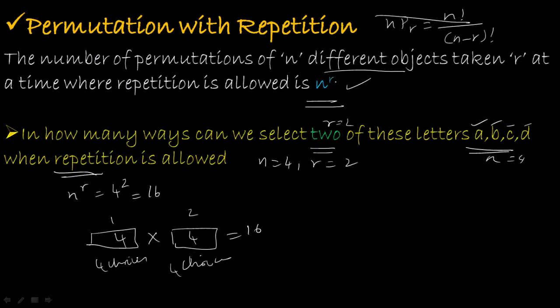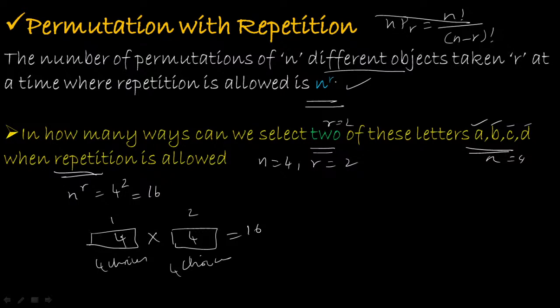As I told you already, if it is one position and 4 letters, the total number of possible ways is only 4. If it is 4 positions and 4 letters, then 4 factorial possible arrangements are there.